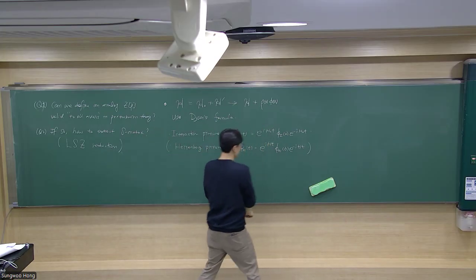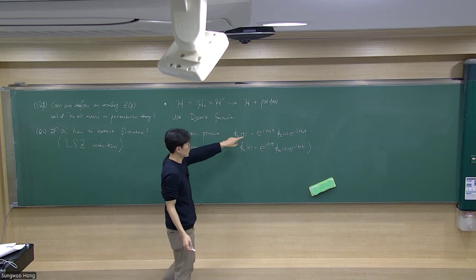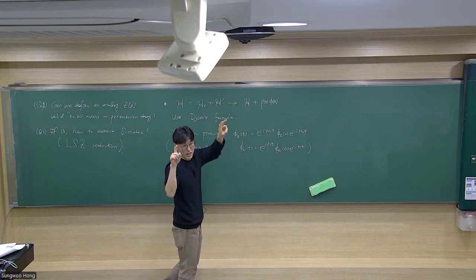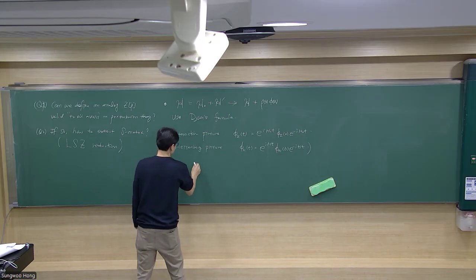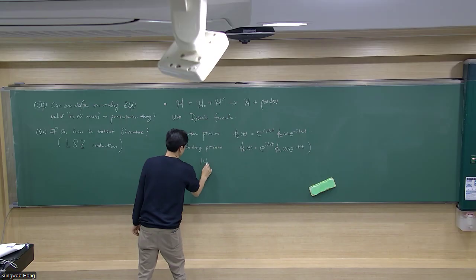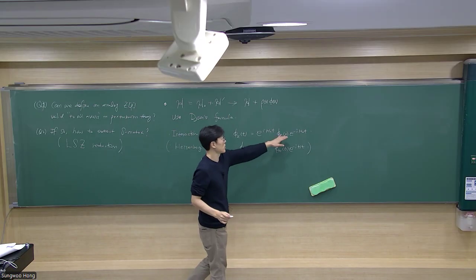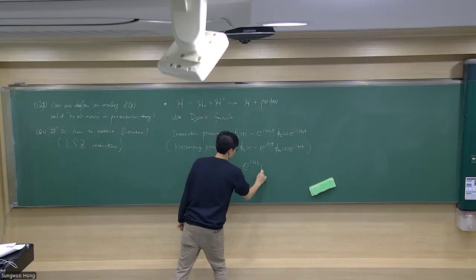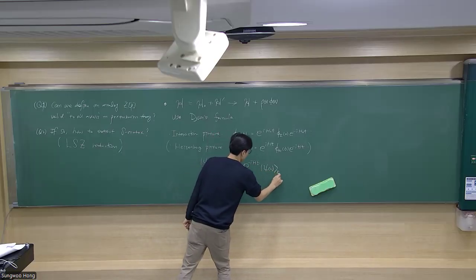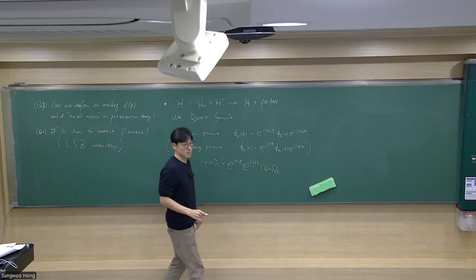Then you probably remember that in the interaction picture, operators evolve according to, say, the free part, again, the part that you understand well. And then the state, if I have a state in the interaction picture, still evolves according to the rest. So that rest can be written as: it evolves according to the full Hamiltonian, but you have to subtract this part.